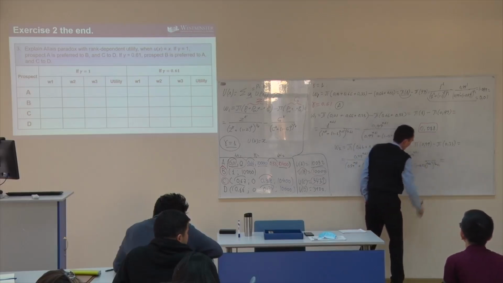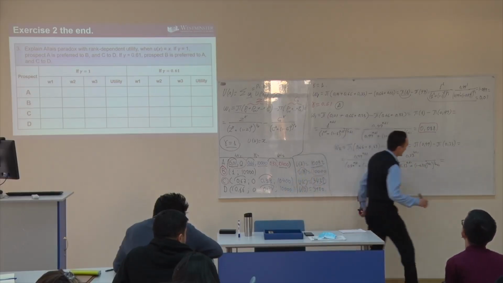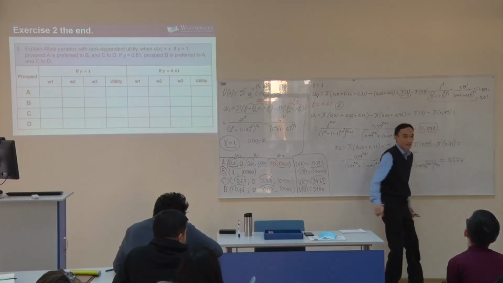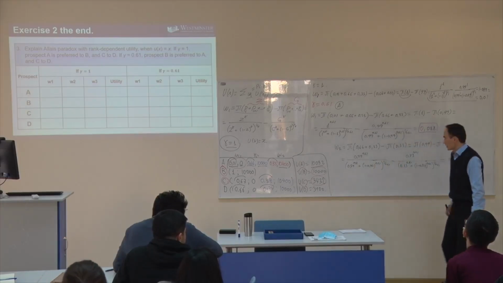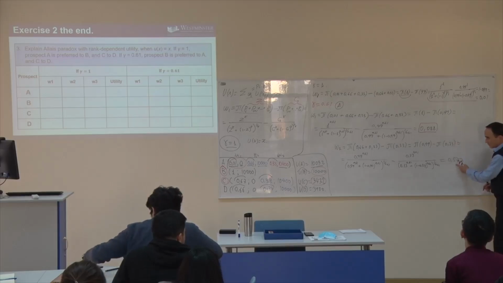If you calculate this one, it will give you 0.577. So now people are underweighting, getting 10,000. Not overweighting. Here is underweighting.